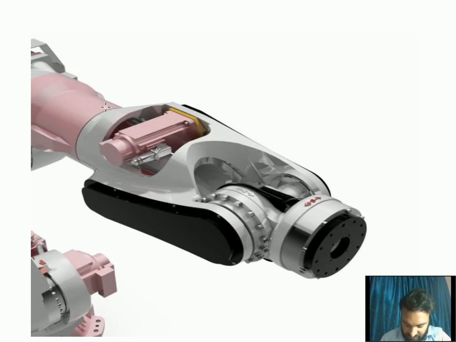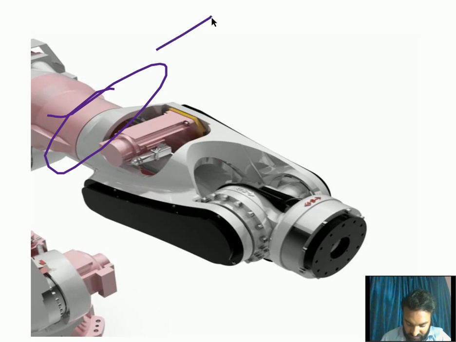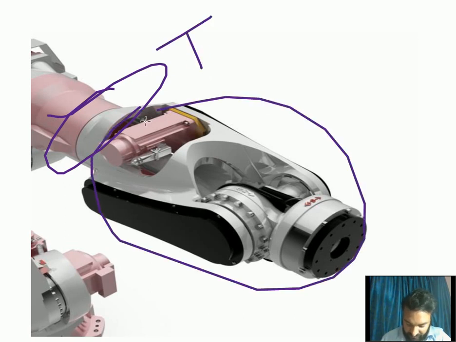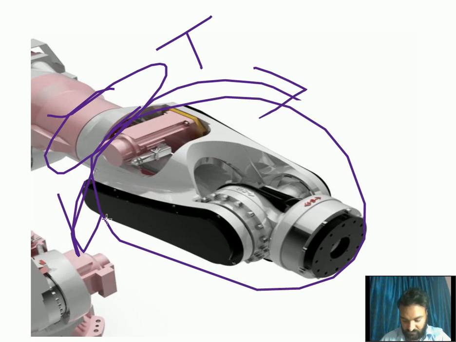You can achieve the roll from here. Due to the twisting type of joint, the end effector can move this way, rotary. So if this can move rotary, it is the concept of which? Roll.